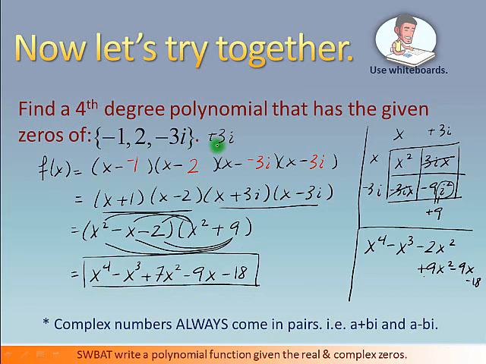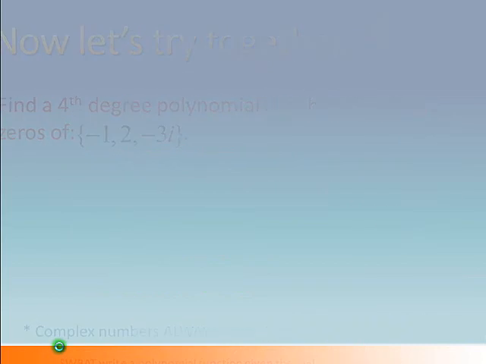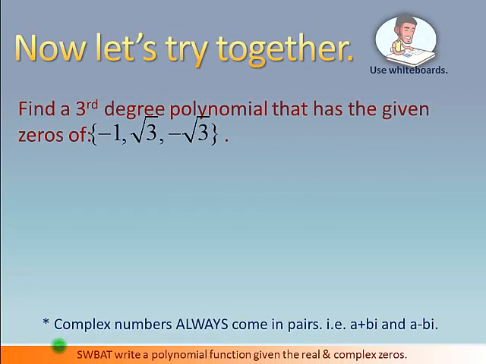Let's try one more. For our last one, we're trying to find a 3rd degree polynomial that has the given zeros of -1, and then the square root of 3 and negative square root of 3. Start out the same way. I know I want to have 3 distinct factors because of this 3rd degree.